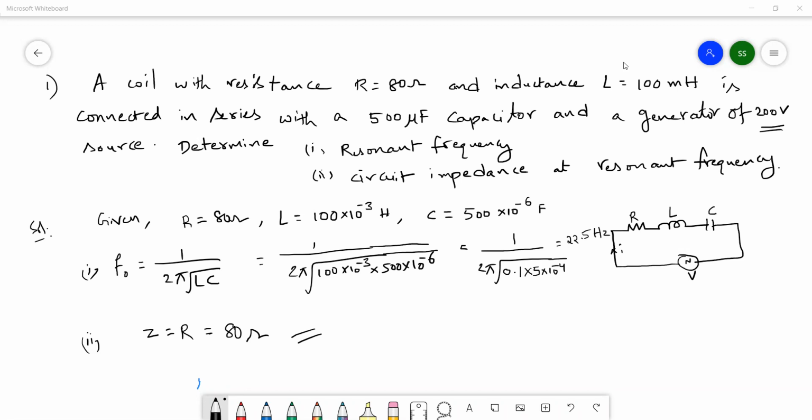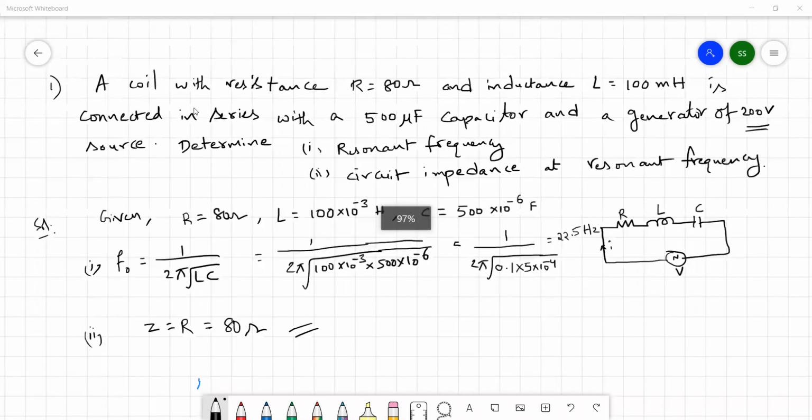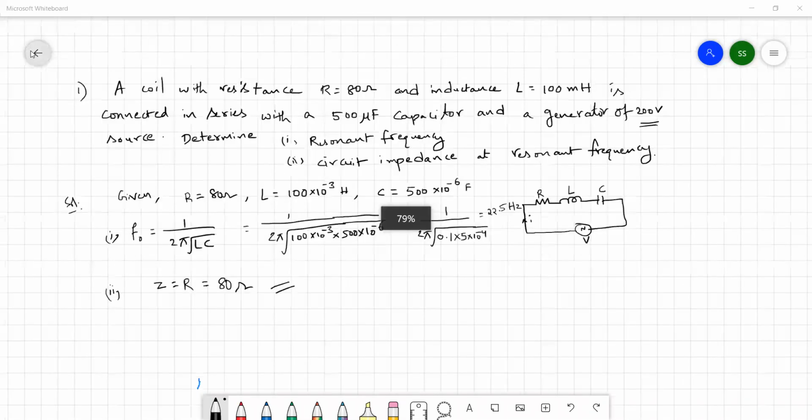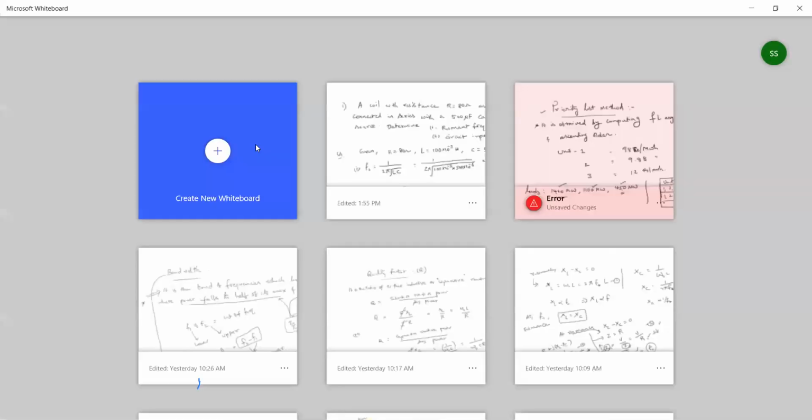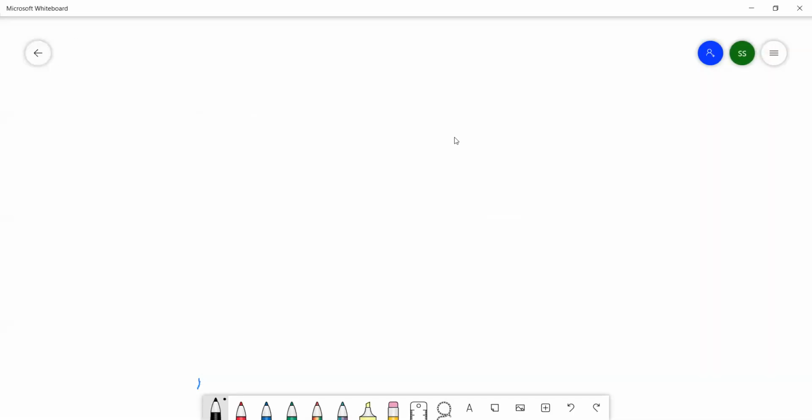Shall we move on to the second problem? Yes, sir. Note down the second problem: a 40 microfarad... wait a moment, I will share the new screen.